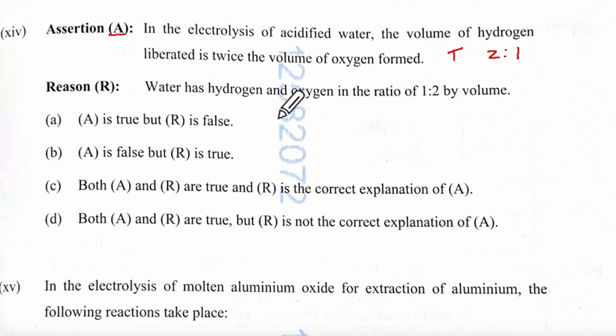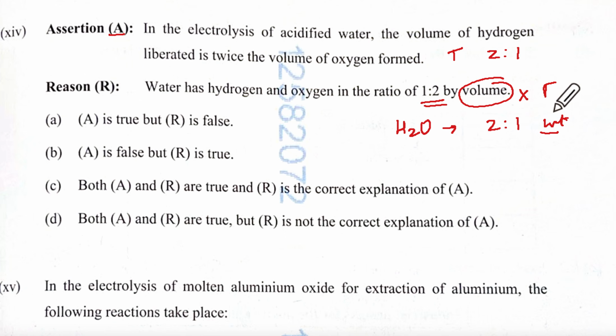And reason R: water has hydrogen and oxygen in the ratio 1:2 by volume. No, it will be 1:2. It will be H2O, so it will be 2:1 by volume. So this is not the correct explanation. This is false. So A is true and R is false. Okay.